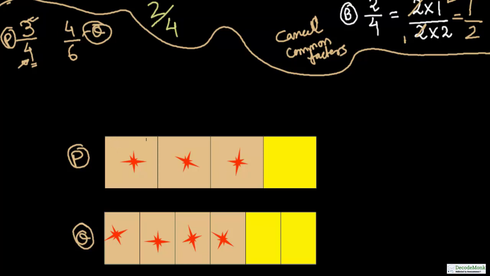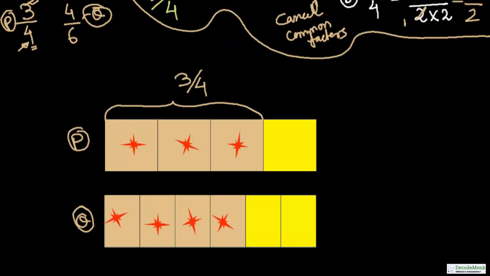So we have got 3 small rectangles or 3 parts having stars inside them. So this part represents 3 by 4.